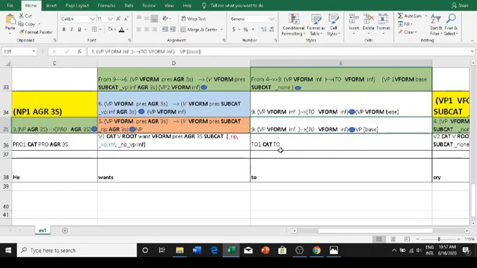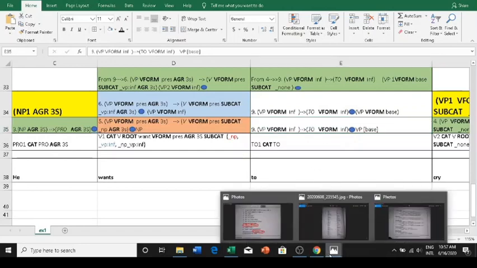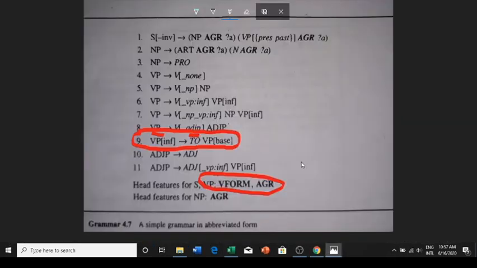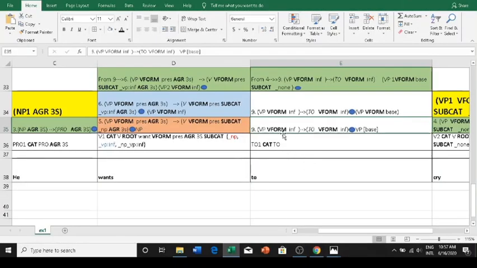So what is instantiated? Once this is seen, the categorization information is only available, but that is not required here. And you should remember what all things are shared by VP and to. It shares vform and AGR. So vform value is written here, and we have already seen that the VP on the left has a restriction of infinitive, so that also confirms here as they are both sharing vform.